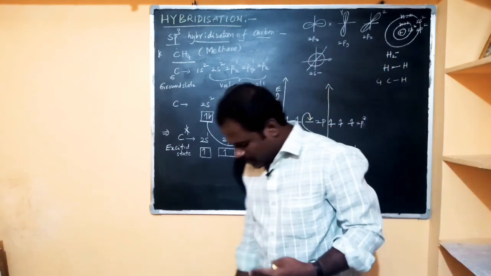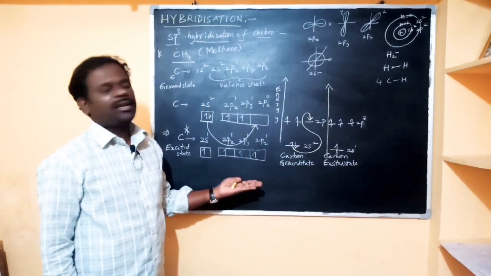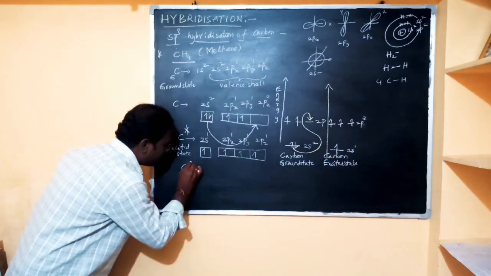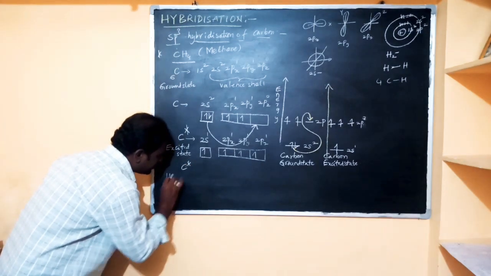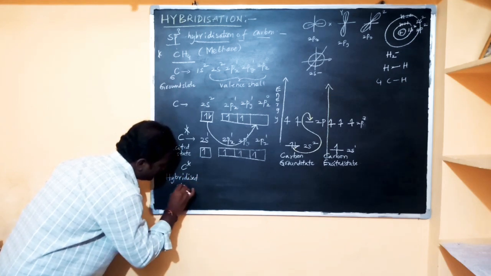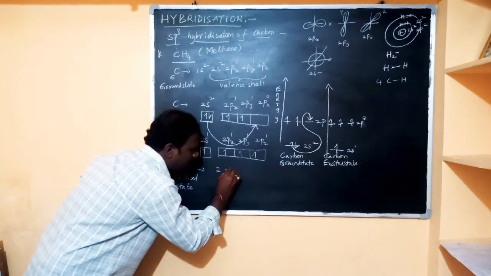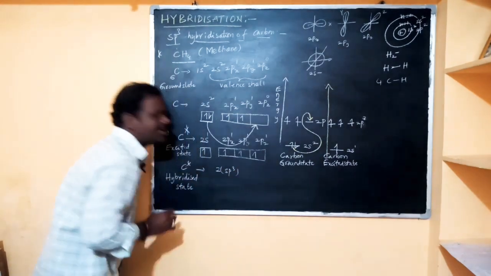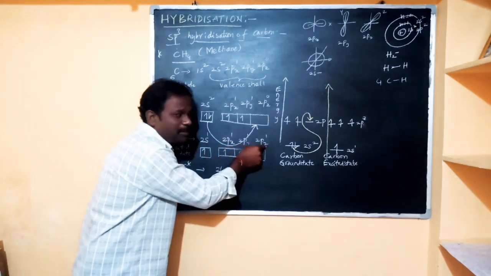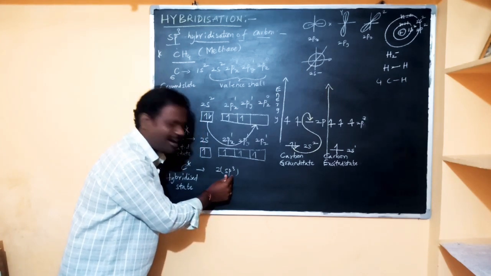So here there is no difference such as 2s being lower energy and 2p being higher energy in the hybridized state. So carbon in the hybridized state, we can write like this: 2sp3, because of the involvement of one s orbital and three p orbitals, there is a formation of sp3 hybridized orbitals.